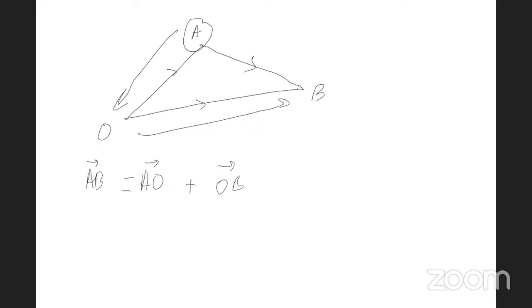Suppose I said that M is the middle of AB. How do you find OM? Draw a line from O to M and find the alternate route from O to M, which is O to A, and A to M. A to M is a half, it's right in the middle.